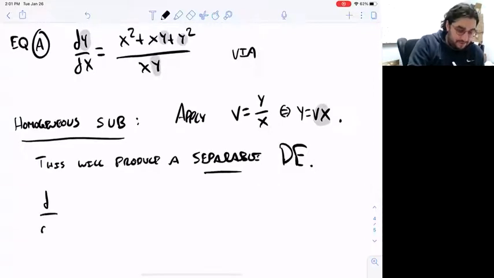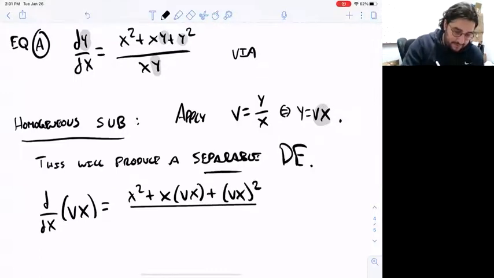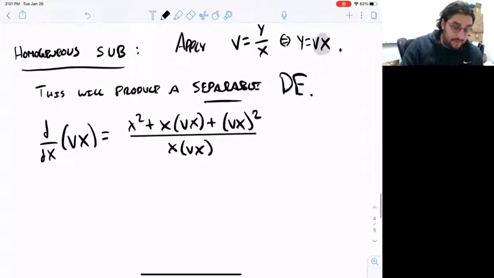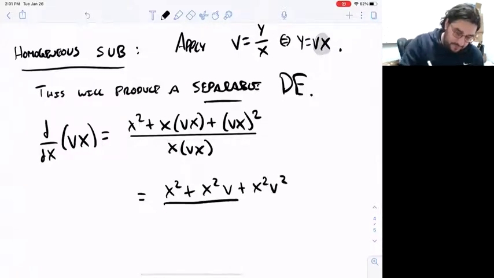So the derivative of vx equals x squared plus x times vx, right, plus vx squared over x times vx. The right-hand side isn't too bad because it's just algebra to clean that up a little bit, right? Just combine those powers of x, distribute those exponents.